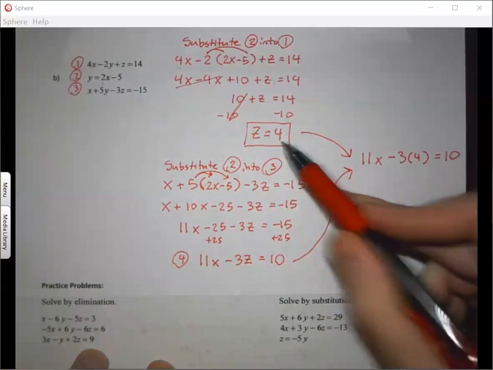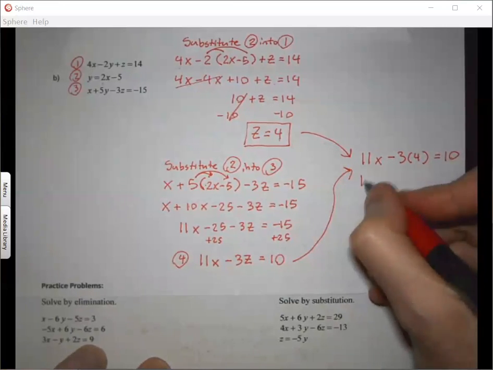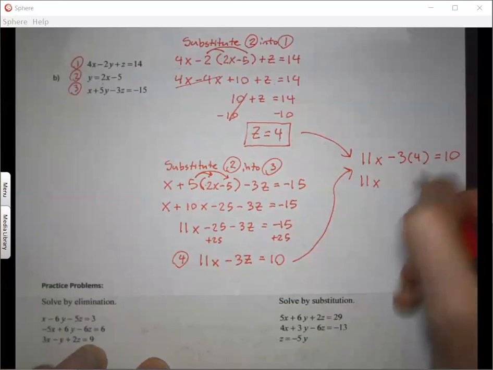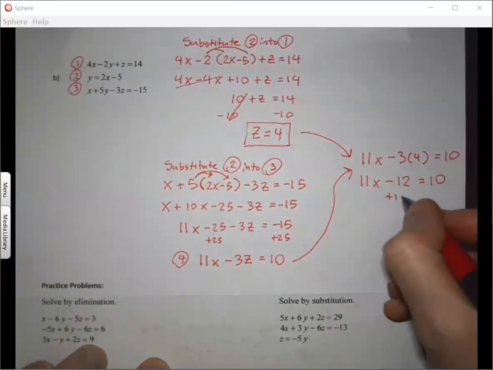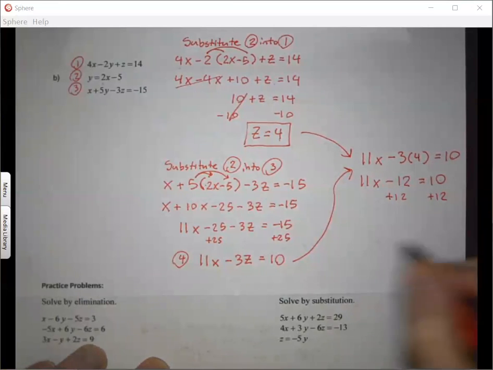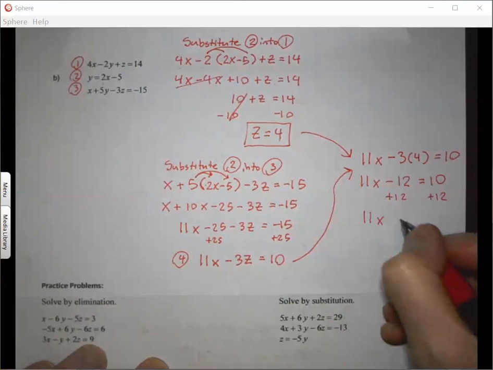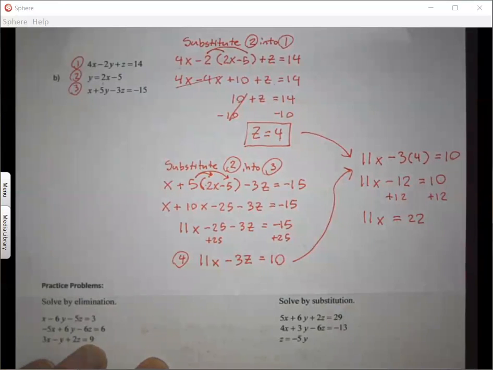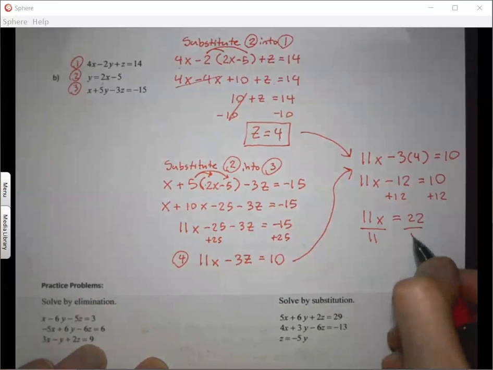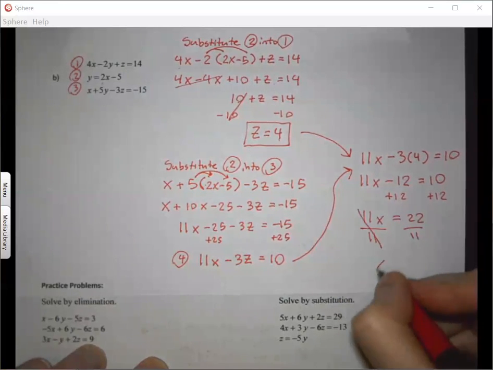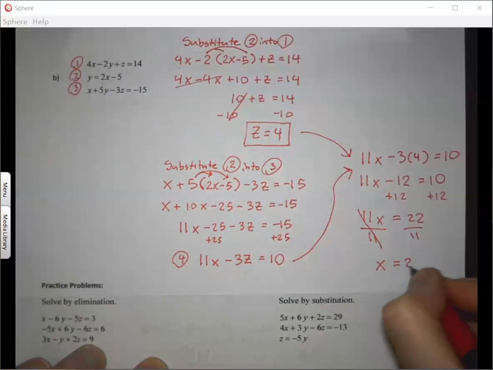We found out z was 4. So 11x, -3 times 4 is minus 12. Add 12 to both sides. 10 plus 12 is 22. Divide both sides by 11. 22 divided by 11 is 2.